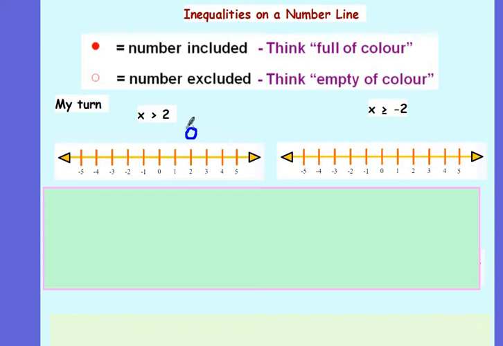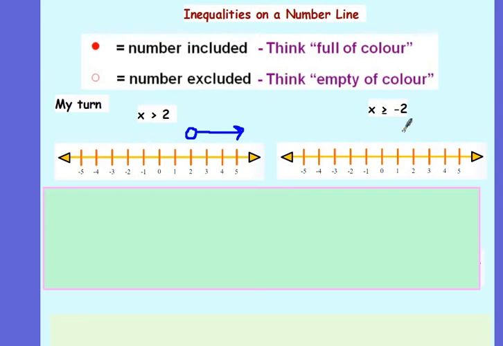So it needs to be an empty circle, which tells me that the number 2 is not included. However, I've got all the numbers greater than 2, so I can draw an arrow pointing to all my numbers greater than 2. So I know that for x is greater than 2, I can't include the number 2, but I can have 3, 4, 5, etc.